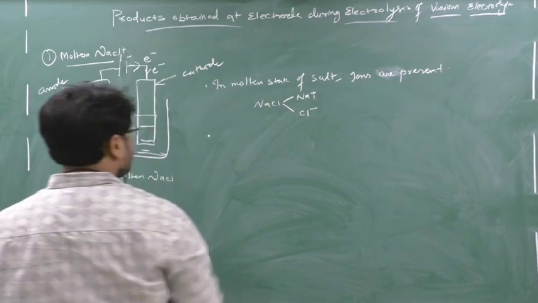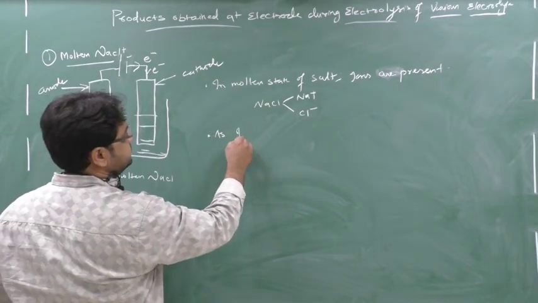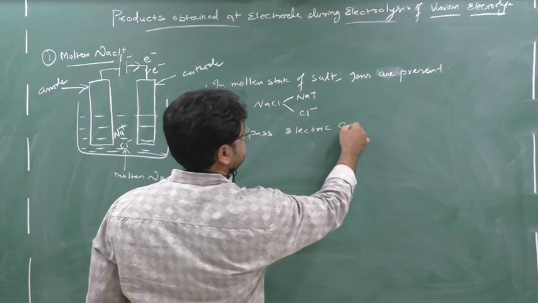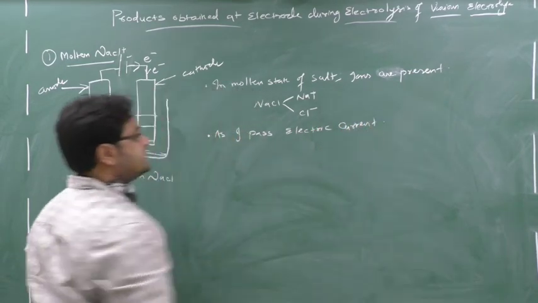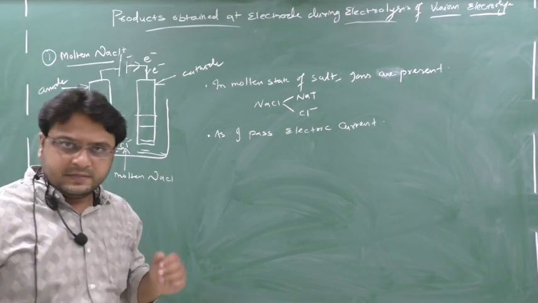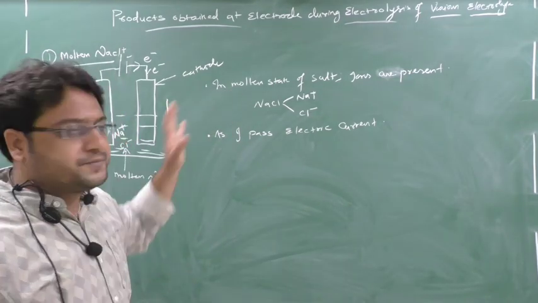So what happened? As I pass the electric current, or as I connect to the battery, these ions move, the random motion stops.